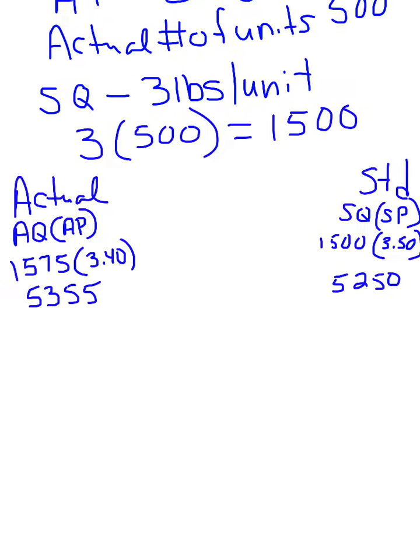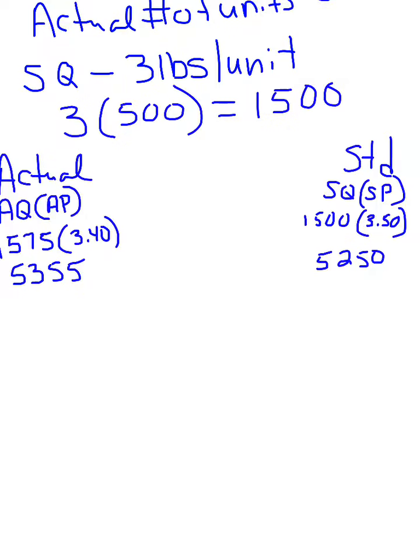Now these amounts that you see are actually the total variance. So that's the whole amount that gives me the total variance when I look at actual versus standard. But to look at different control mechanisms, we really need to break it up and see why we have issues and why we have problems.